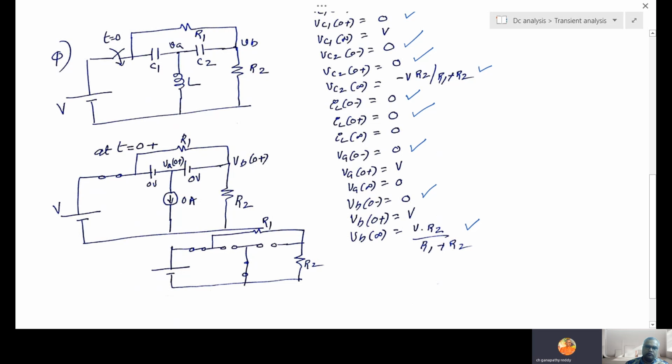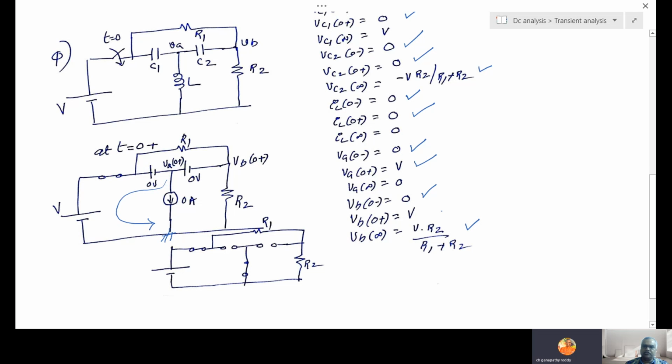Start here, go to ground. But you can't go via the current source. You have to go like this. And this voltage is 0. This voltage is V. Therefore, VA(0+) is V.